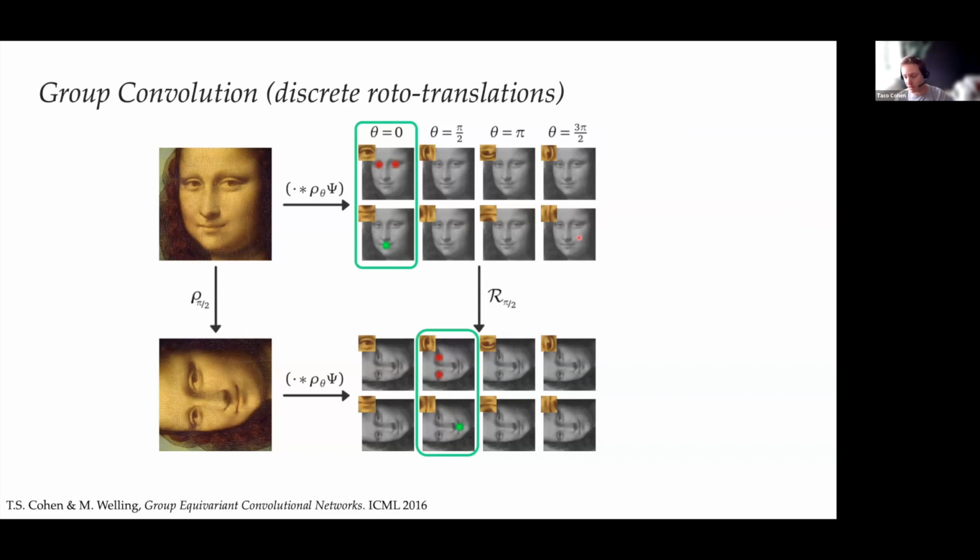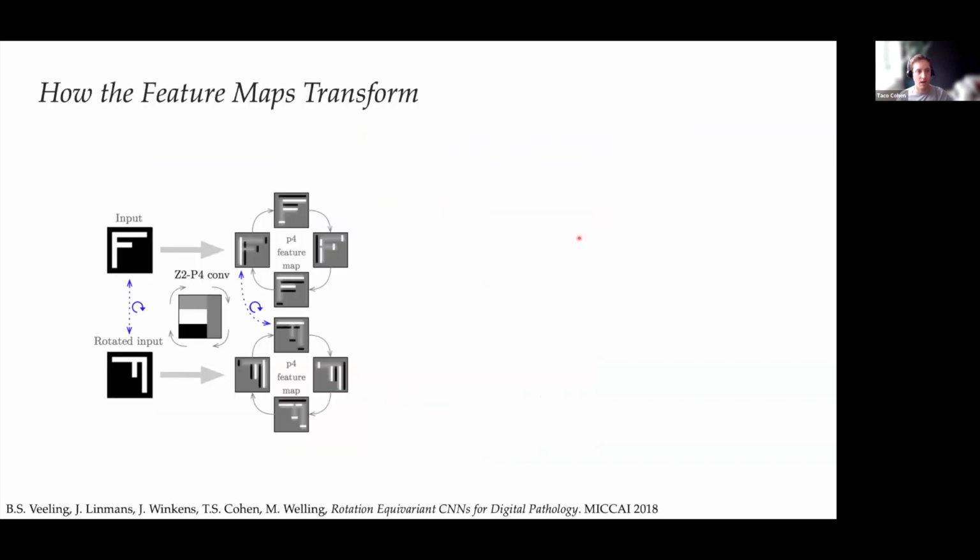So we've verified that this operation is equivariant, but we've only defined it for the first layer. So now we can think about how to create deeper networks with this basic idea. So what you see on this figure is essentially the same thing as on the previous slide, but visualized slightly differently. So here we have again our input image. We can also have a rotated version of that input image.